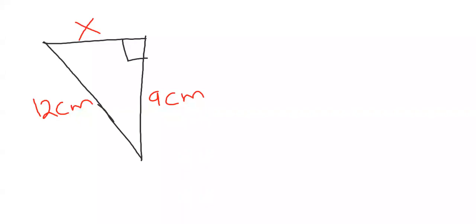So to find A, we go back to the same formula. We know that A squared plus B squared is equal to C squared. So you can decide to make A the subject of the formula, or alternatively, you can decide to just take your values and substitute them into your equation and then work it out.